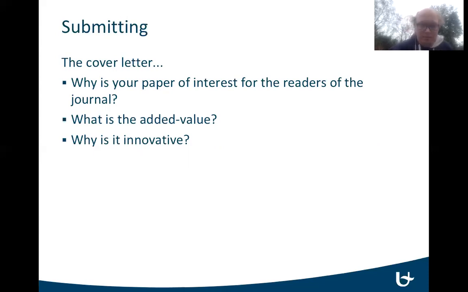This might be something that you do not realize, but the majority of papers is rejected in this way and is not published. So help the editor making the right decision, and the right decision for you is that the editor sends your paper to reviewers. So help these editors to make already explicit why your paper fits the purpose of the journal you're submitting to.